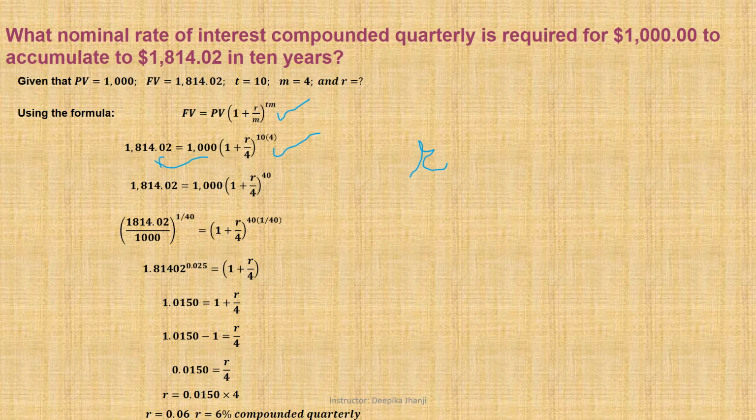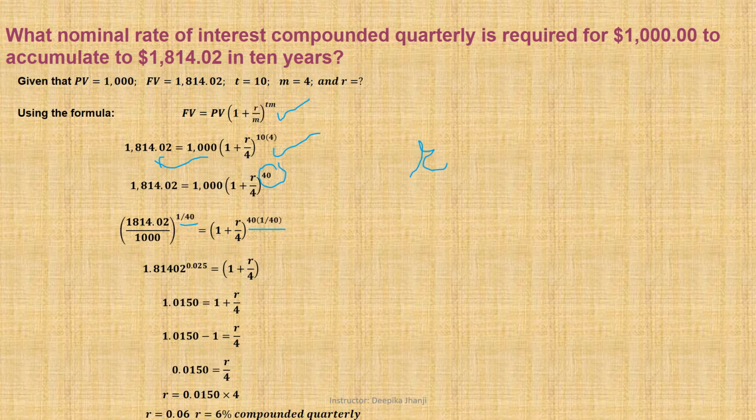So we divide 1814.02 by 1000. Then to get rid of this 40, we'll divide both sides by 1 by 40. Because 40 is an exponent, we'll raise both sides to the power of 1 by 40.